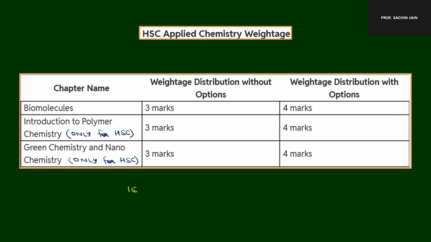So to sum up, there are 16 chapters in your HSC syllabus, out of which 3 chapters are only for HSC, solid state and these two. Rest 13 chapters are common to the syllabus of NCERT, NEET as well as the HSC portion.